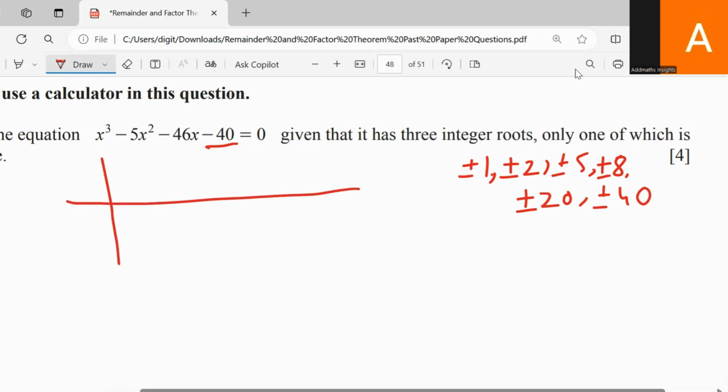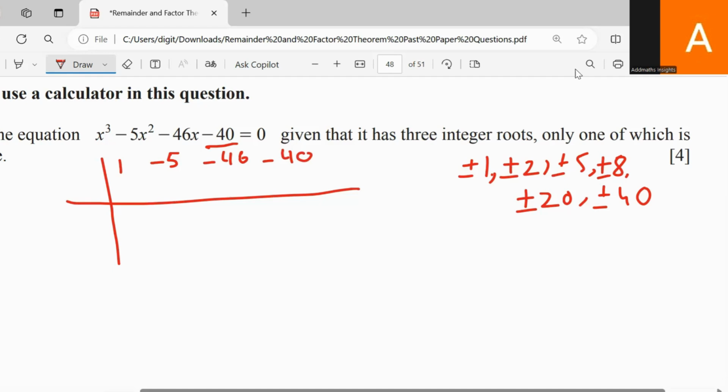And how do we do synthetic division? First, we write the coefficient of each term. The coefficient of x cubed is 1, the coefficient of x squared is minus 5, the coefficient of x is minus 46, and the constant is minus 40. Then you write a number.